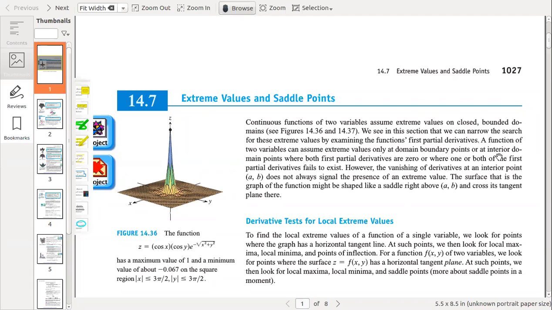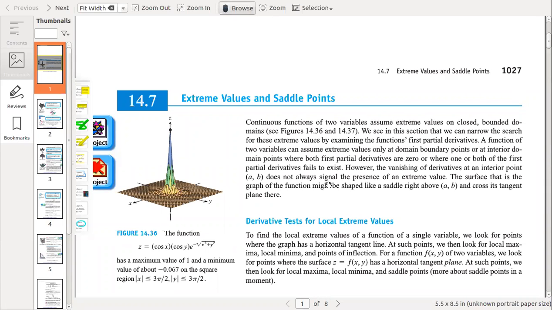First, partial derivatives. A function of two variables can assume extreme values only at domain boundary points or at interior domain points where both first partial derivatives are zero or where one or both of the first partial derivatives fail to exist.